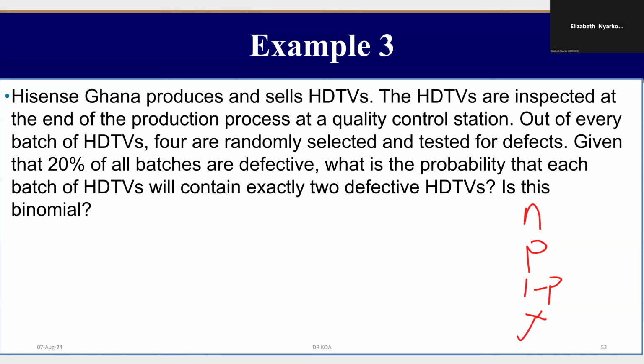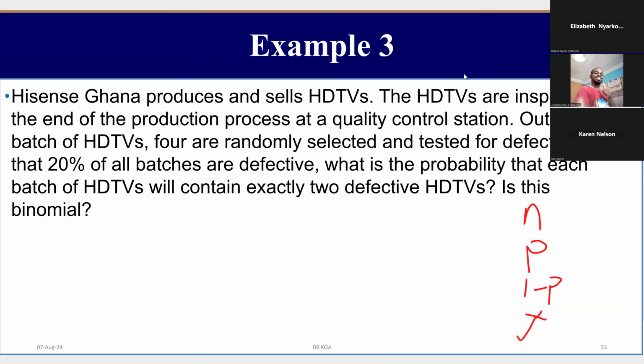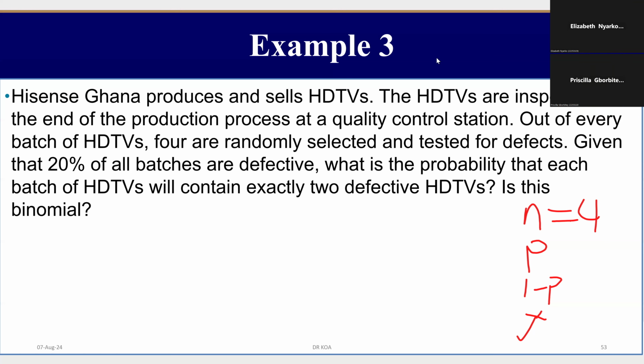Now let's see. Elizabeth. N is 4. According to you, N is 4. Okay. What is P? Magdalene. 0.8. P. No. And I know why you said 0.8. Elizabeth. 0.2.